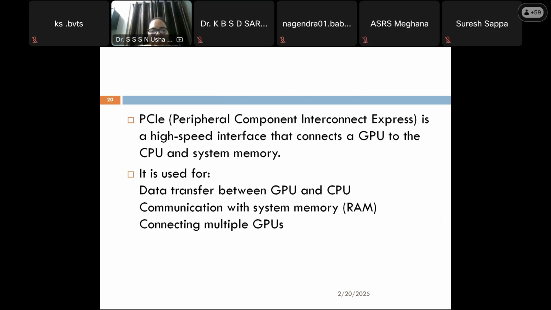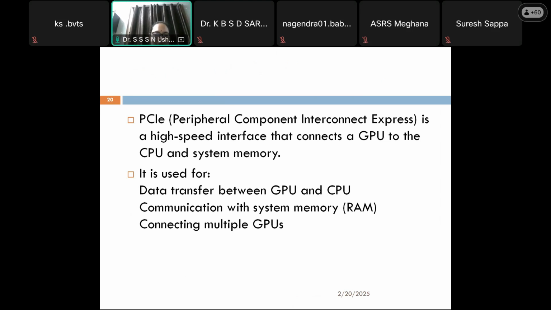So let us see why we need interaction between CPU and GPU. What is the purpose here? We are saying that the GPU is faster and can perform all the tasks, so why do we need a CPU then? It is used for data transfer between GPU and CPU through PCI Express, and for communication with system memory, because there should be communication with main memory to save the temporary operation results.